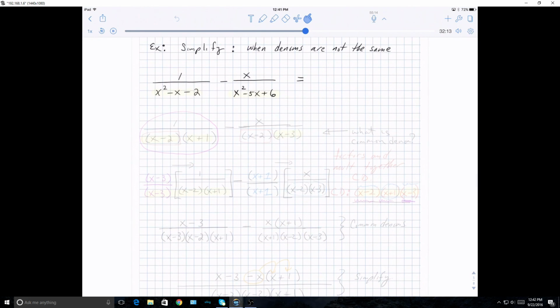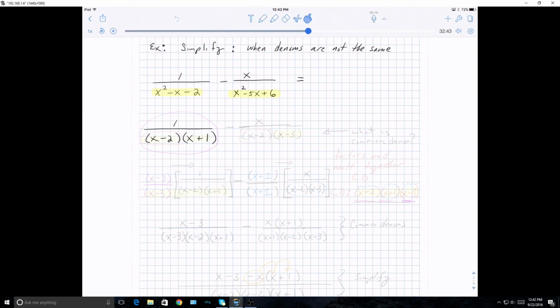Next example, when the denominators are not the same, and we'll have to do some combinations here. The first thing, like always, is to factor any polynomials, if at all possible. If we factor this one over here, we can clearly see that in both binomials there's only one x, and it's got to be -2 and +1.